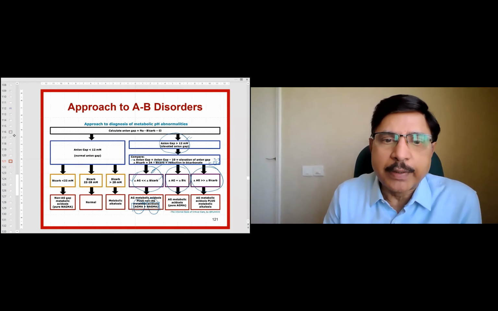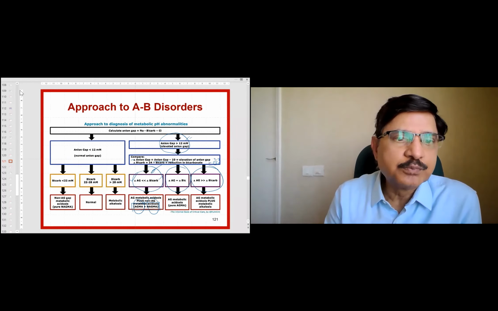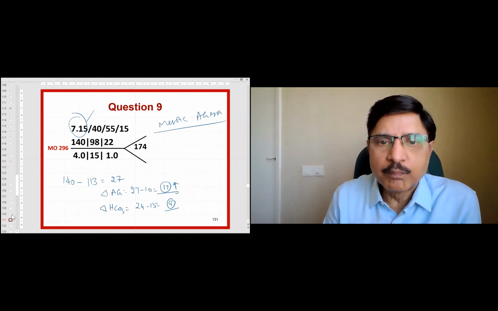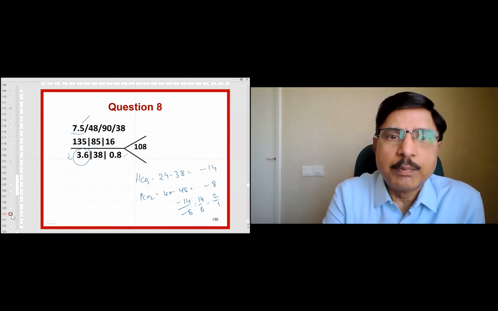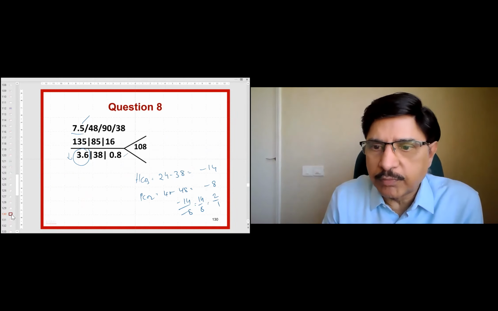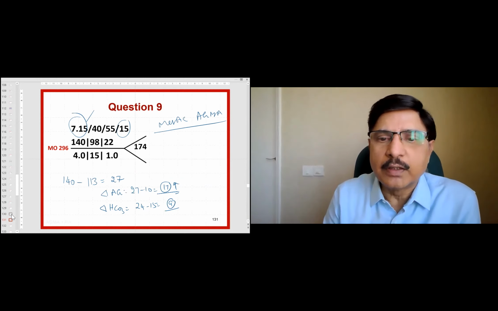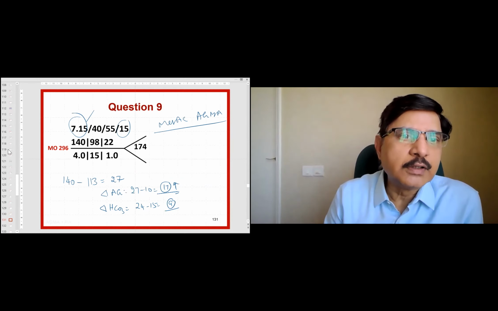What is the bicarbonate value in this case? 15, sir. Not delta, the regular bicarbonate. 15, sir. Bicarbonate is lower. Let us see this chart.